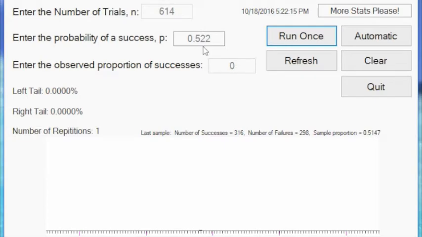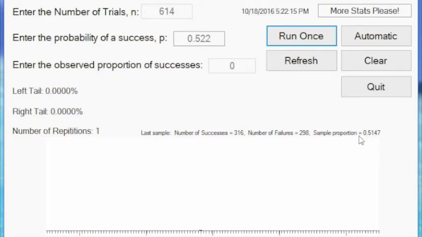So notice that's pretty close to 0.522, and we said that if we took a random sample from this population of this size, our proportion or percentage of successes should be about the same as this 52.2%, and it's fairly close. This little pinkish line right there represents the 0.522, and that little notch right there is this 0.5147.